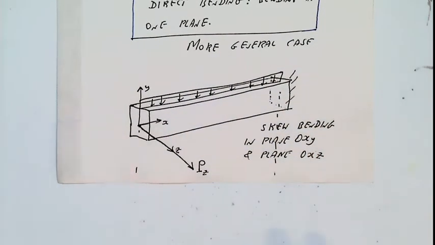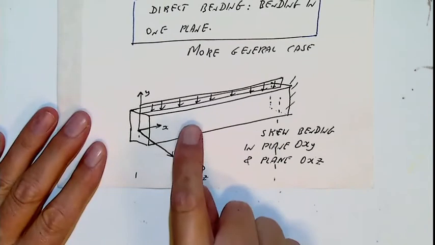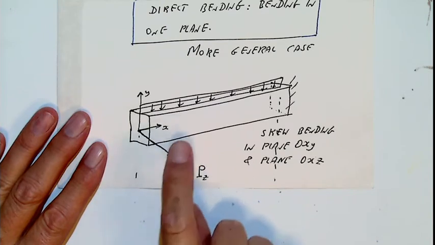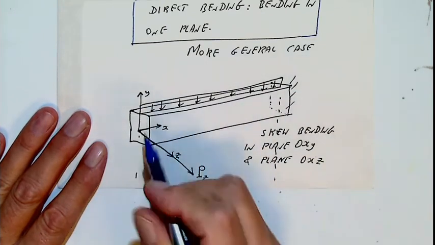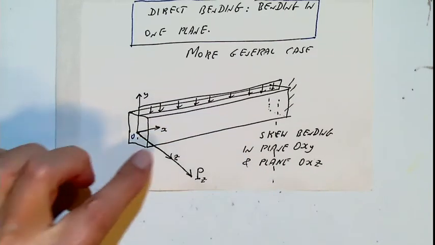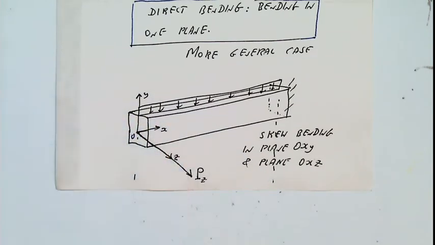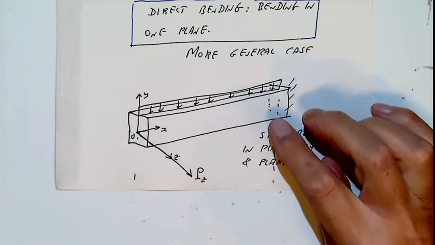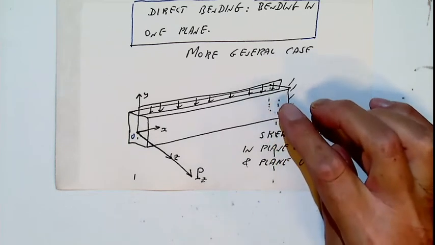So that means this beam bends in OXY plane and also OXZ plane. Any questions? So that is what we are going to study.